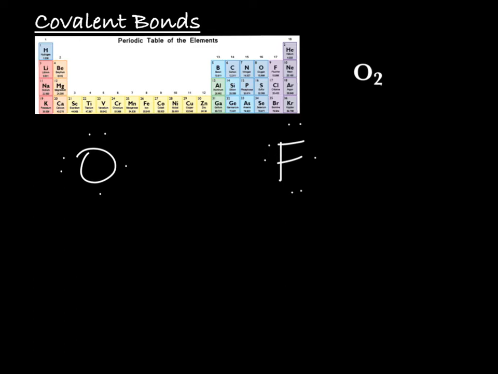If we look at oxygen, I've got a pair here and a pair here, and then I've got this one that is alone and this one that's alone. And so oxygen wants to form 2 covalent bonds. So if it bonds to itself, it's going to form what's called a double bond. And so let's get rid of this fluorine here.